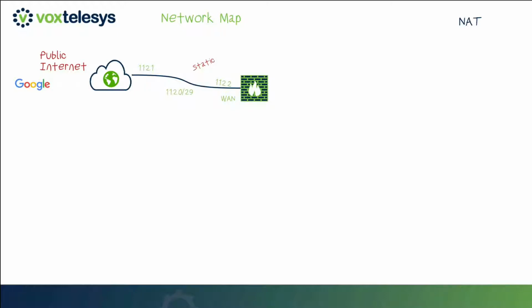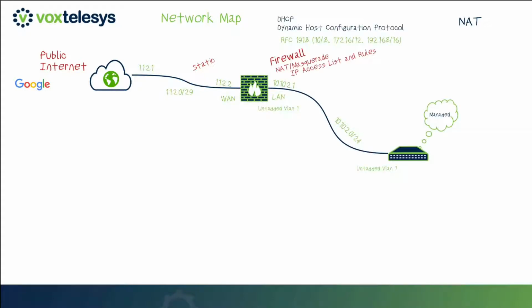In this example, we have a static route, and it's a /29. The firewall is .2. The carrier is giving me .1, and I have a default route pointing that anywhere I want to go in the world, I have to go to .1. And that's over the WAN interface. We then have the private network, and for this demonstration, we're going to give the firewall the address 10.10.2.1.